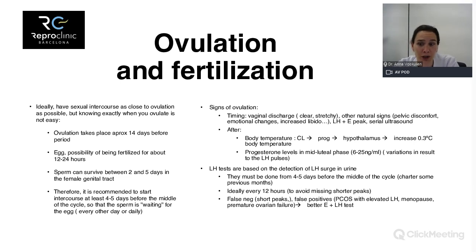So the LH will increase a lot and will give a false positive test. Okay, so it's better to test with these urine tests that look at the estrogen levels and the LH levels. Okay, because then we will find the estrogen peak and the LH peak, and this means that we are going to ovulate.